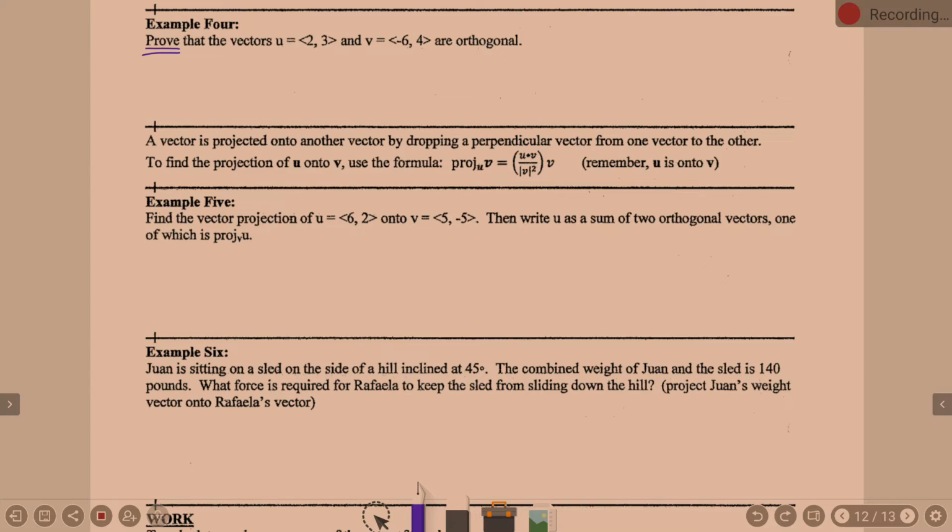So if these vectors are orthogonal, what should be true? Their dot product should equal 0. So that's what we're checking. Does their dot product equal 0? Anytime you see that word orthogonal, think dot product 0. So I'm going to try u dot v. How do I do u dot v?